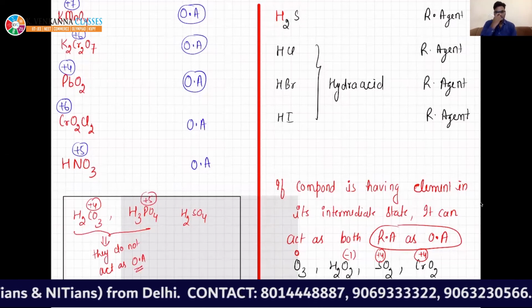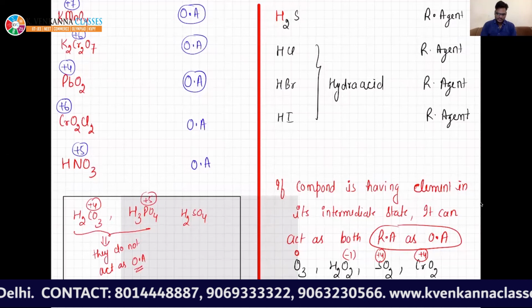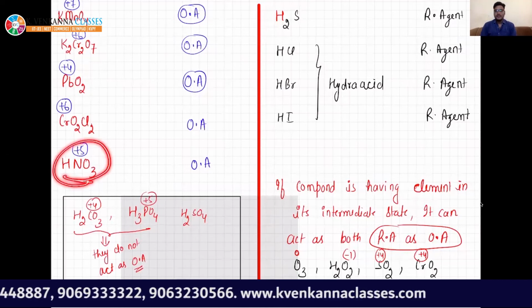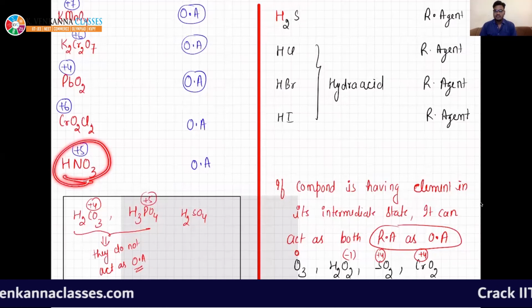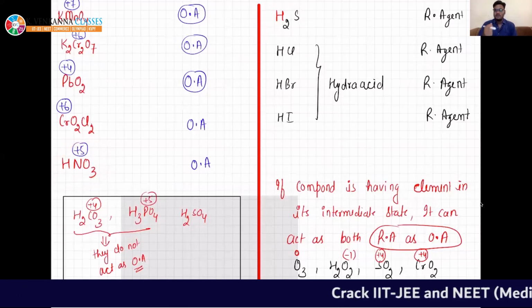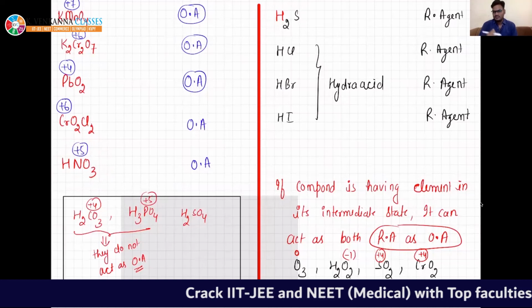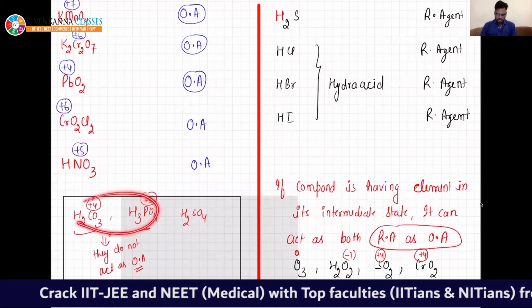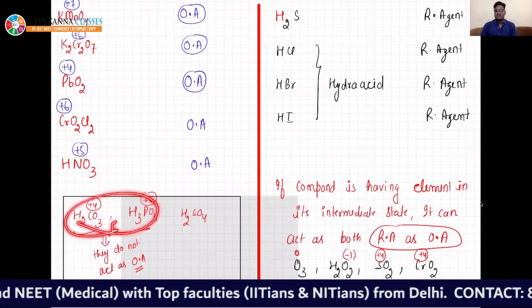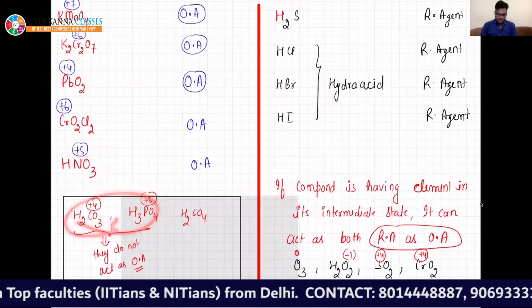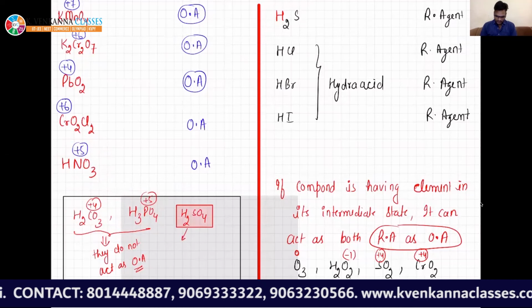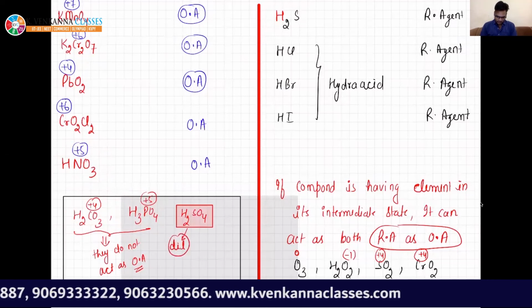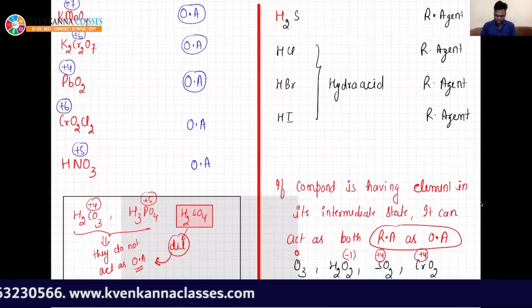If you find HNO3 in some reaction, then there is a very high possibility that it will act as an oxidizing agent. Oxidizing agent means it will try to increase the oxidation number of other elements, but they will not do such a thing, even though they are present in their maximum oxidation state. And if we are talking about H2SO4, if it is dilute, then also it will not behave as an oxidizing agent.